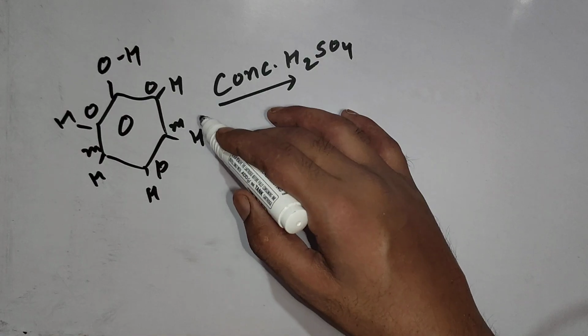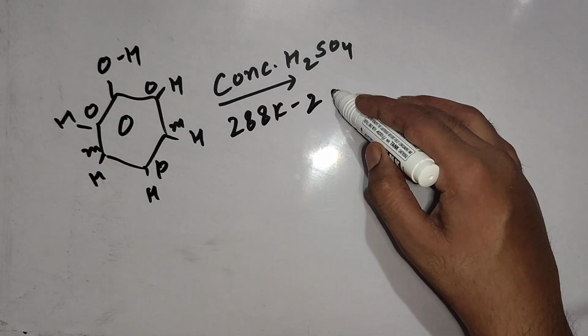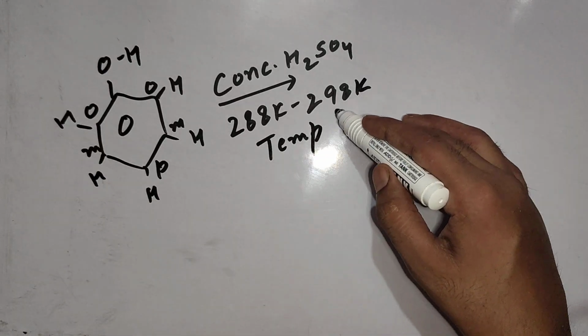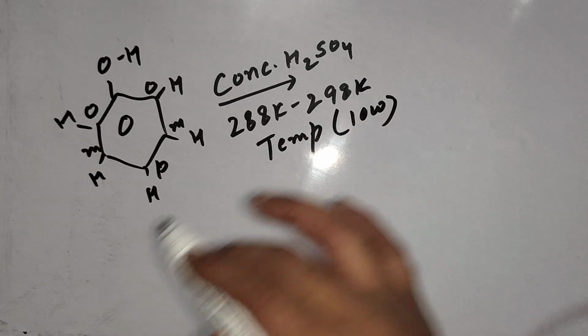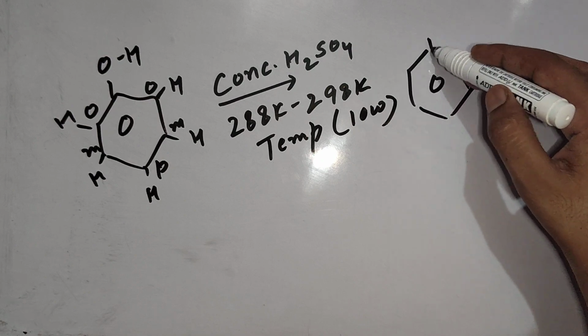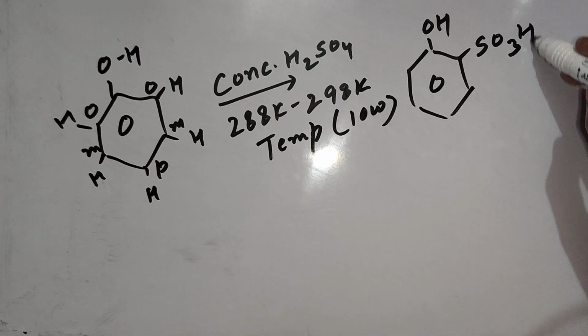Now, if you are bringing sulphonation at 288 Kelvin to 298 Kelvin temperature, means at low temperature, the sulphonic group will be added mostly at ortho position.